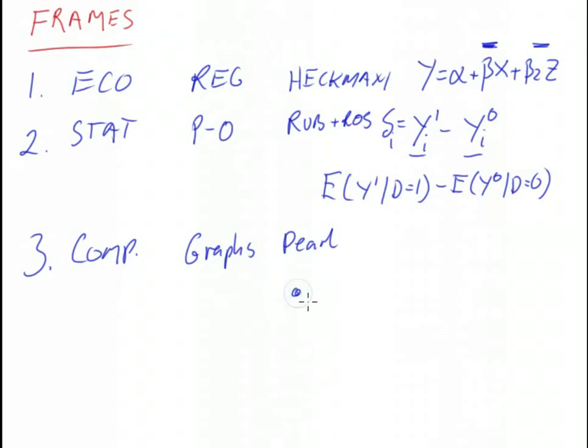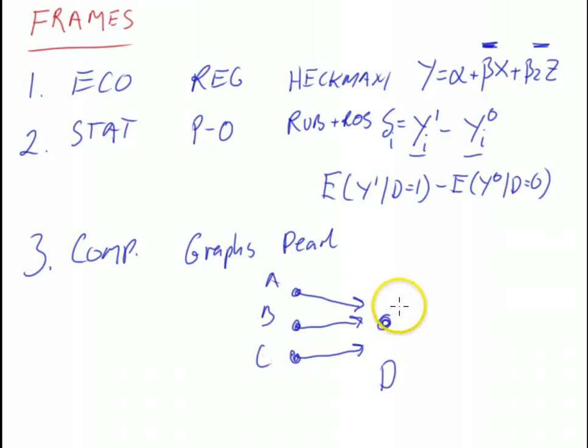Drinking could be caused by lots of different things, so you just draw a graph of all the things that could cause drinking. Let's say drinking is here, D, which could be caused by A or B or C. And then drinking will affect your blood pressure, Y. Drinking is the intervention you're interested in, and the outcome could be blood pressure, or wage or salary, whatever it is.